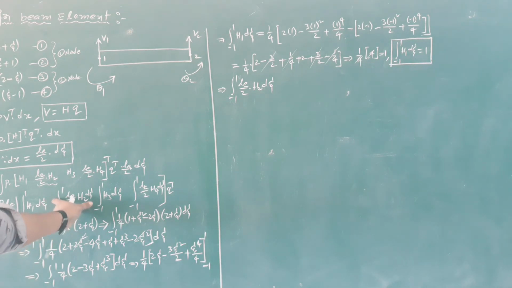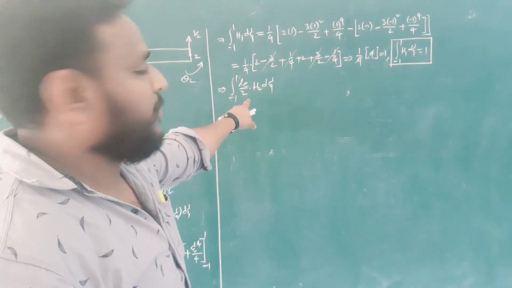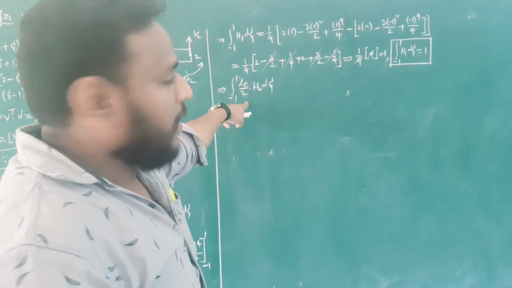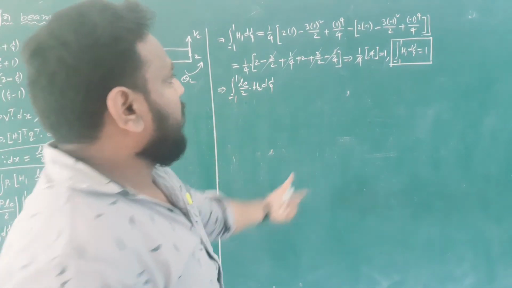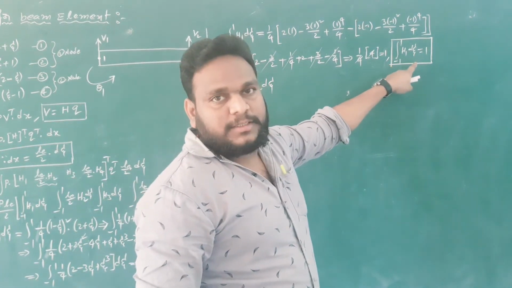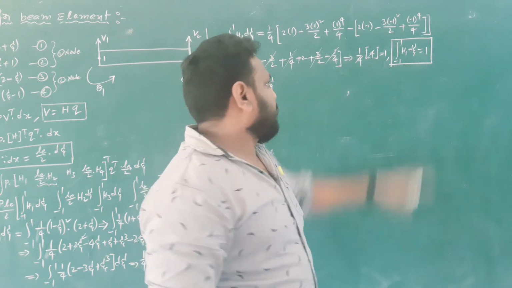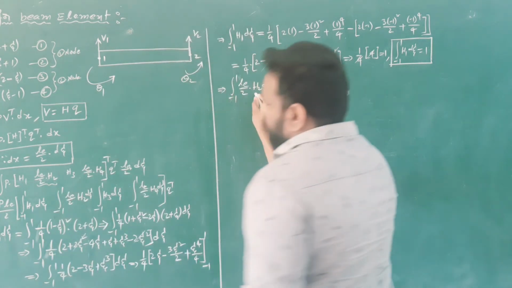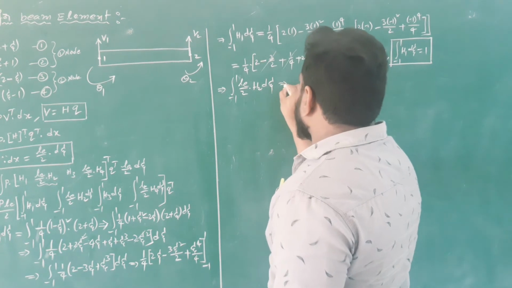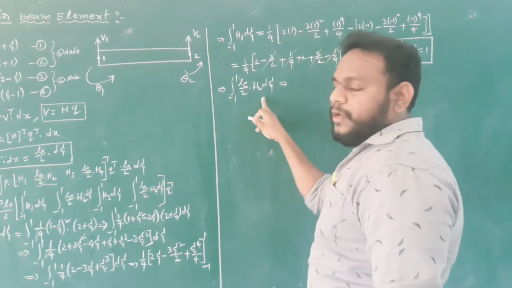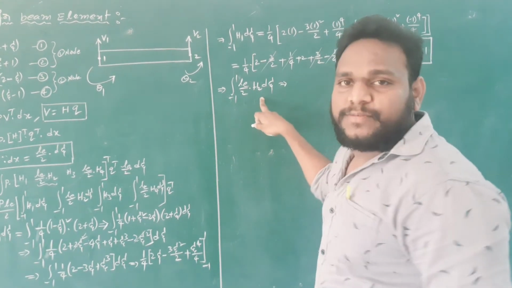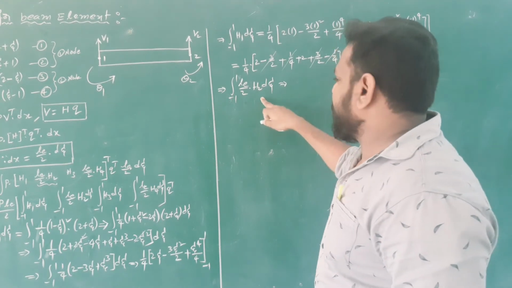After simplifying, we got this equation. Now apply h2. I have done a video on these Hermite shape functions too, so please visit that video.